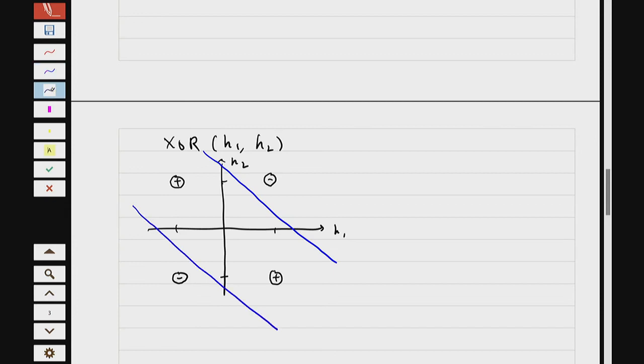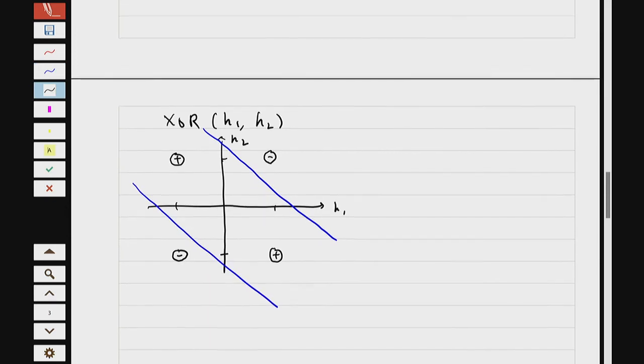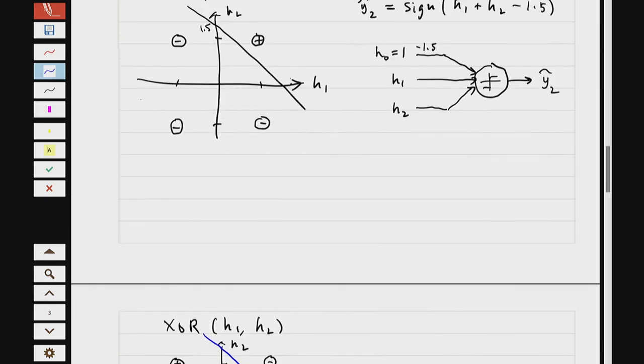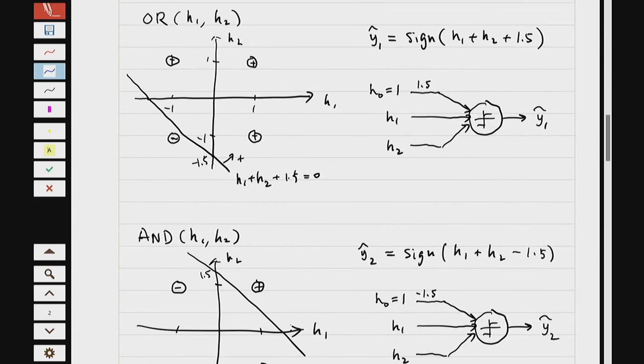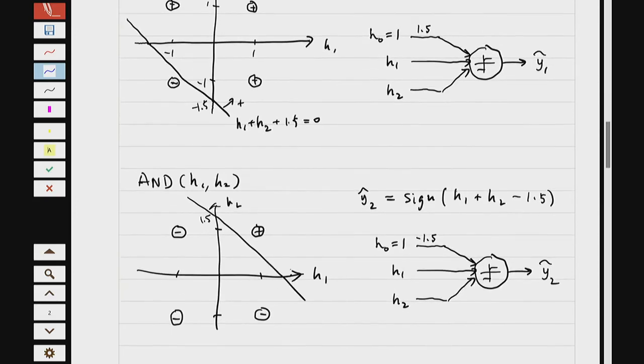The top one is the one that gave us the AND function. The bottom one is the one that gave us the OR function, right? If we use the same thing as before, then we know that this one for the OR one, we have this one in that direction. It is plus, right? Yeah. For our line before, same as just the OR function, above turns out to be plus in this case.